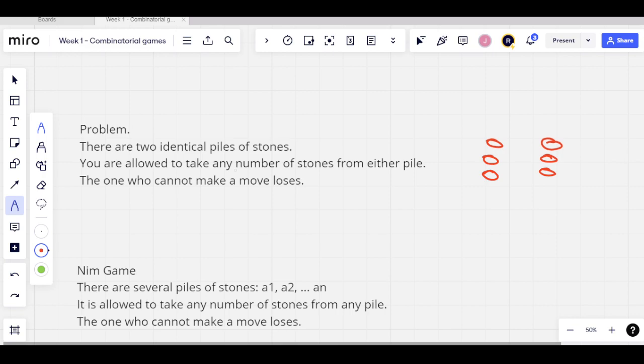Yes, it's possible to take all the stones from any pile. You can take any number of stones, but only from one pile.